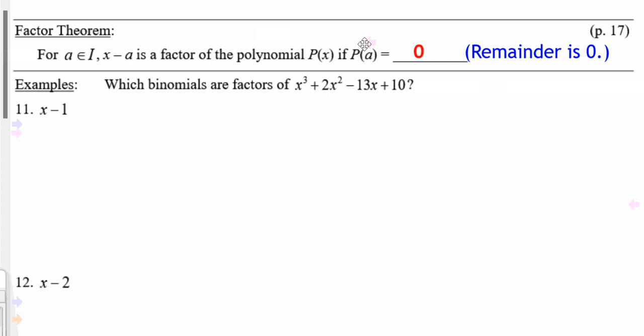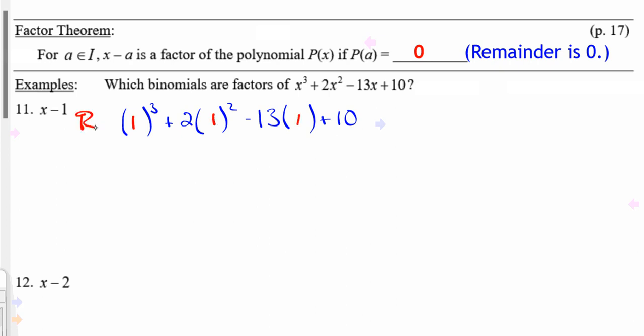So this, again, is where that calculator strategy comes in handy, because we're going to reuse this polynomial multiple times. And so we want to plug in, to begin with here, I'll replace all the x's with what number? A 1. Yep. And this is going to tell me what the remainder is.